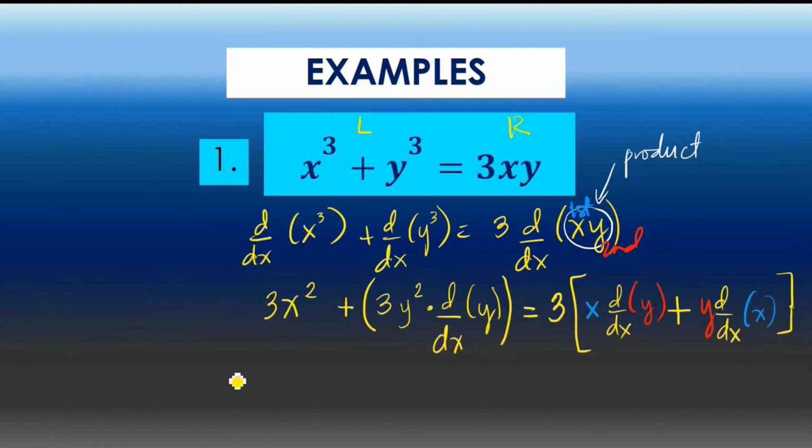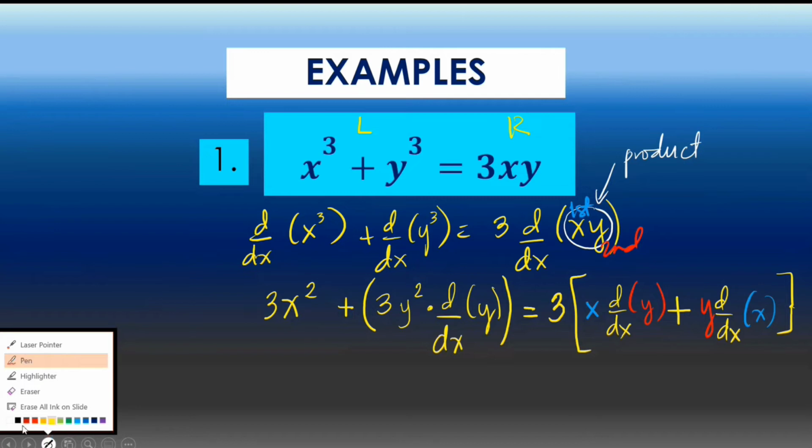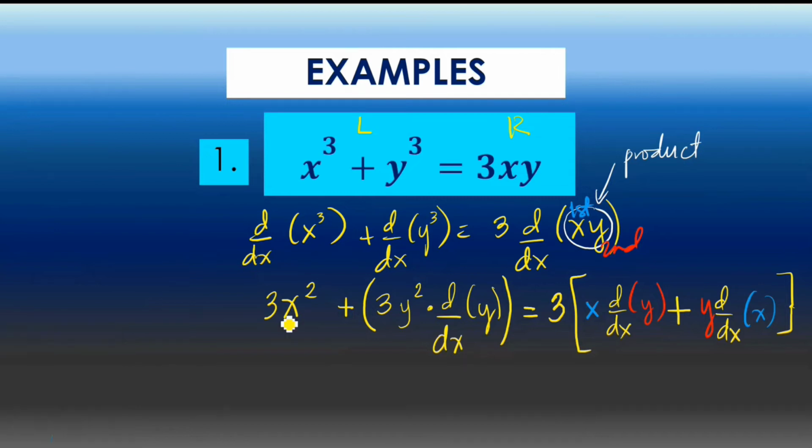Okay, next. So let us rewrite the first term. We do have 3x squared plus 3y squared, dy over dx, or derivative of y with respect to x, is what? It is y prime.